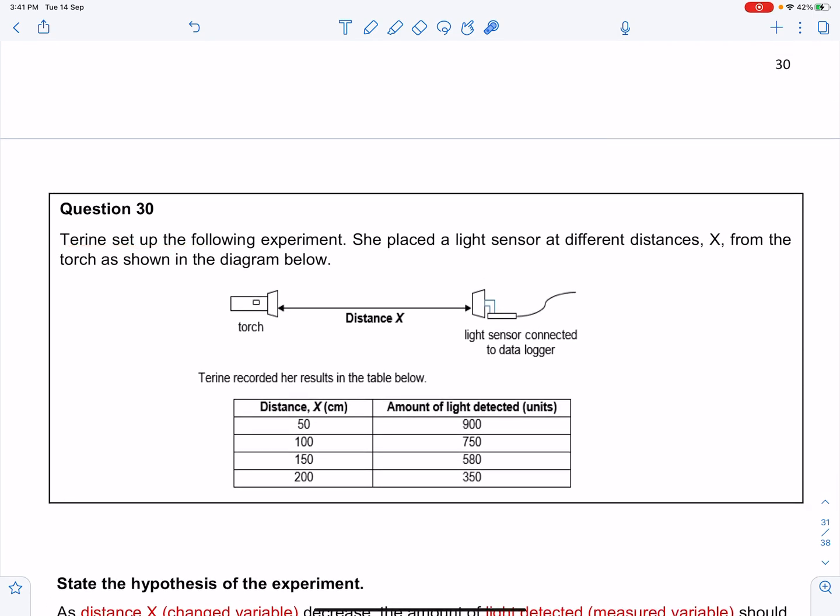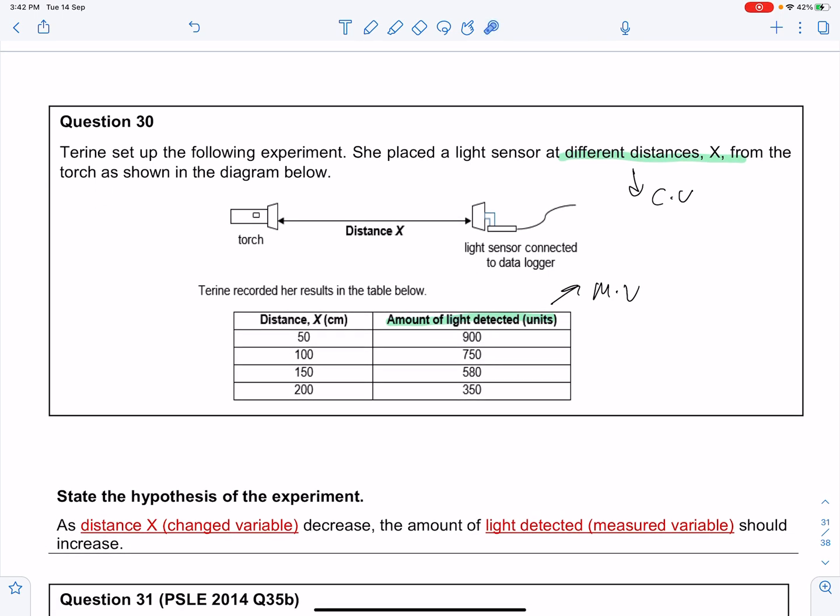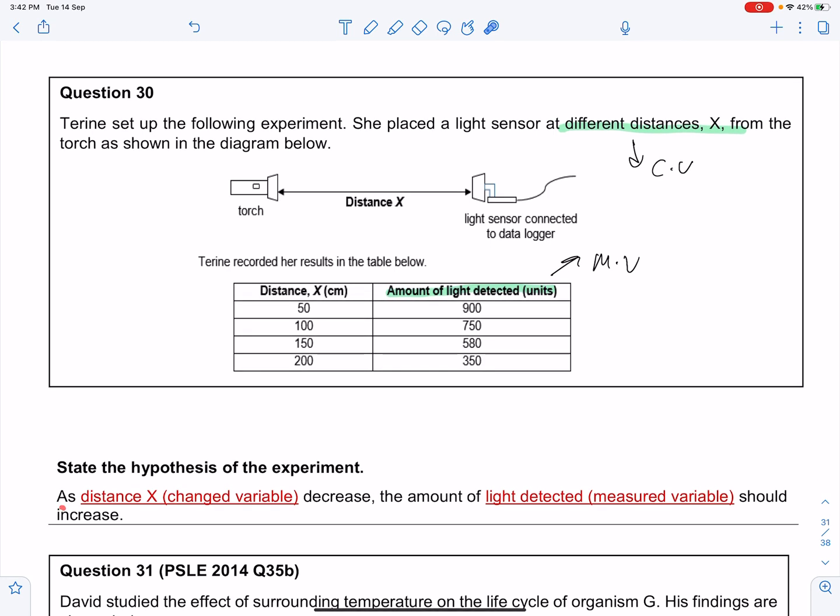Tareen set up the following experiment. She placed a light sensor at different distances from the torch as shown below. Once again, highlight what is your change variable and your measured variable. So this is the change variable, this is the measured variable. State the hypothesis: if distance x decreases, the amount of light detected should increase.